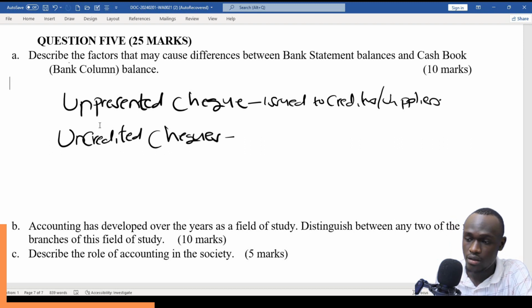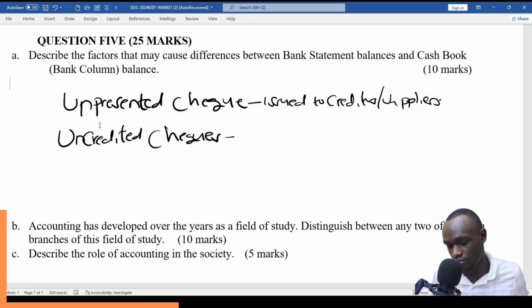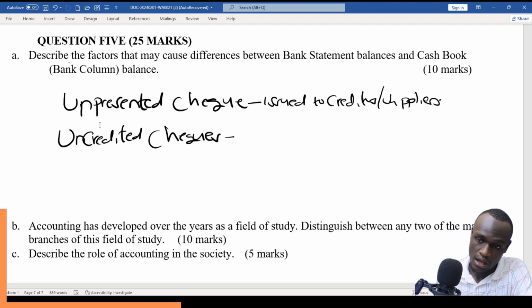So the company deposits the check to the bank, but due to the processes of check clearing that may take some time, the bank statement may be prepared before the bank credits the amount, and this will cause also a difference between the two statements.